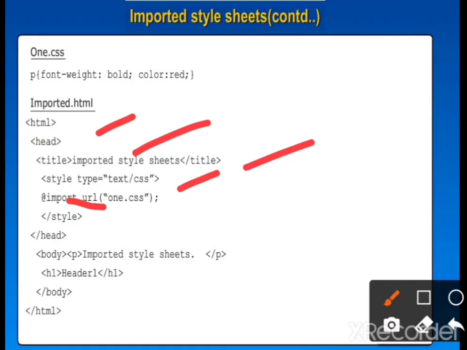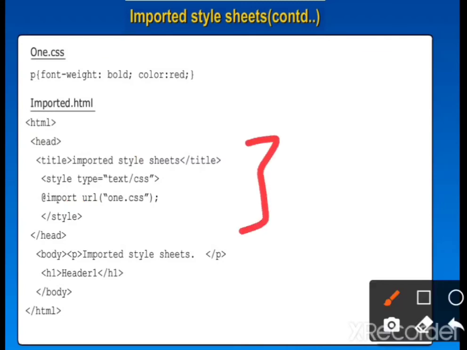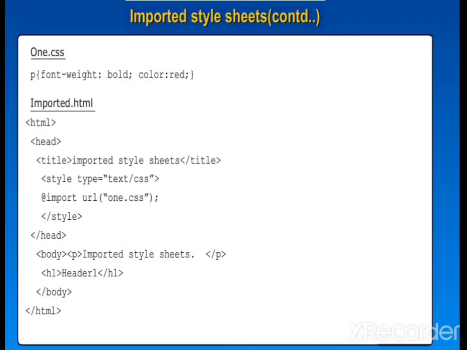Here one.css is a file which is stored in our system, and it is imported here, but we are not mentioning any style here, right? Complete style is mentioned in the one.css file. That one.css file is here.